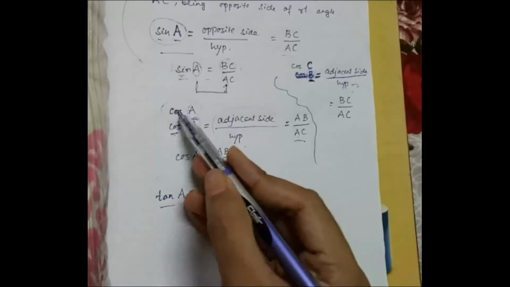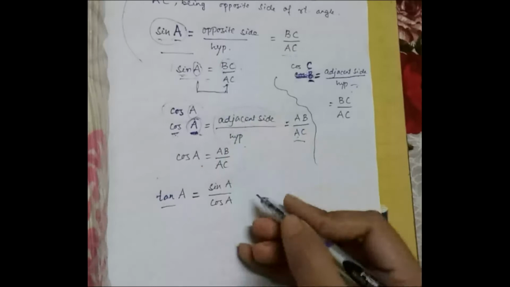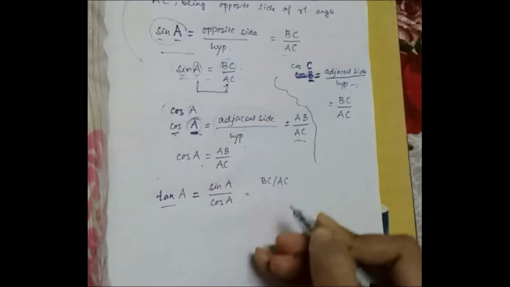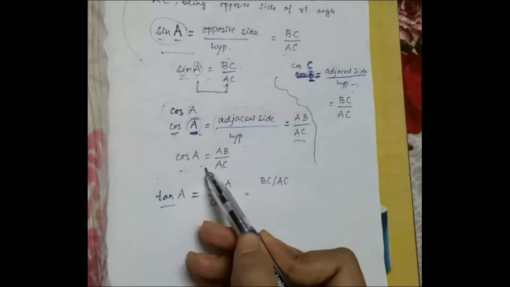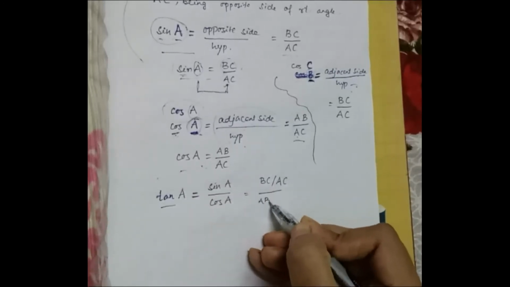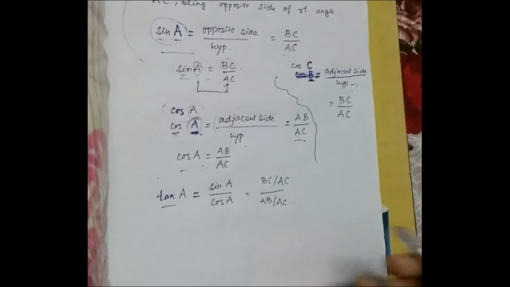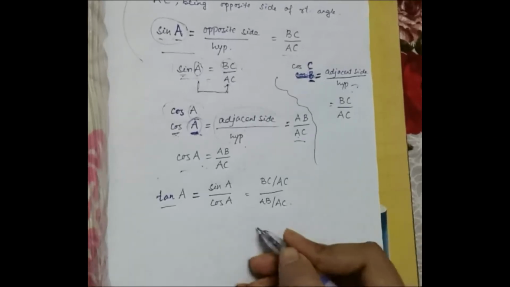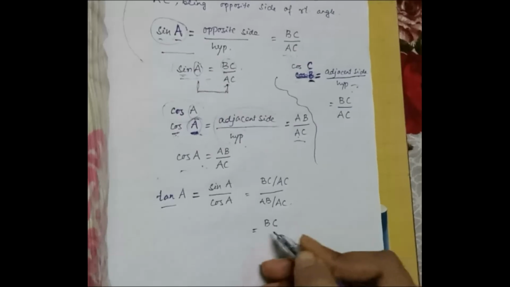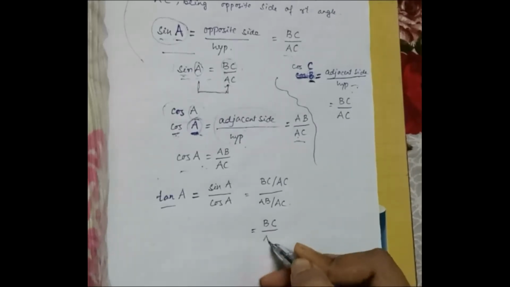Now we have got sine A as BC by AC, and cos A as AB by AC. Now simplify it. What will be that answer? By simplifying, the answer will be BC by AB.